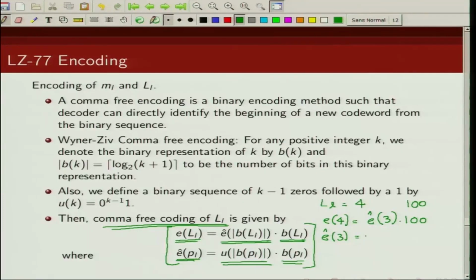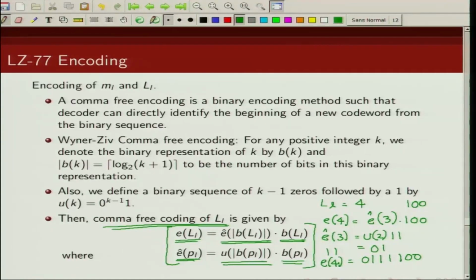That is nothing but U of, now how do we write 3? 3 is written as 1 1. So the number of bits required to represent 3 is 2. So this will be U of 2 and the binary representation of 3, which is 1 1, right? And U of 2 is nothing but 0 1. So then E of 4 is given by 0 1 1 1 1 0 0.